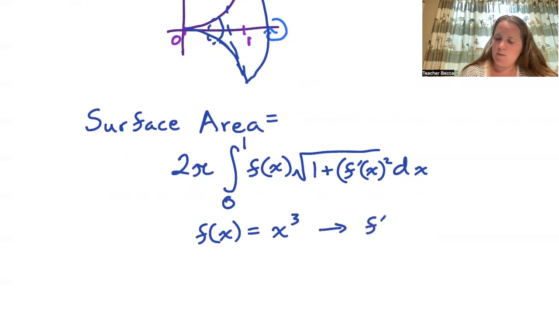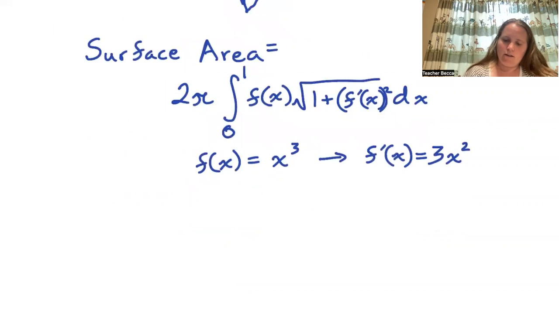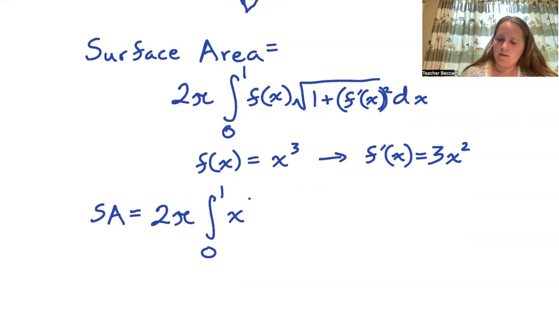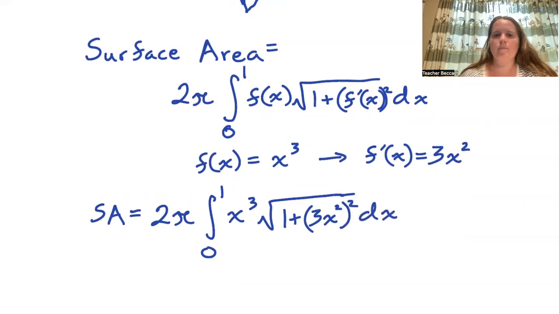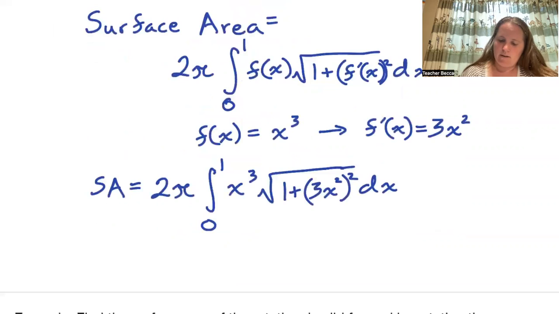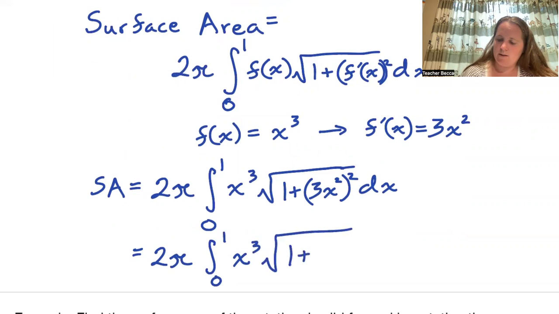So that means that f prime of x is 3x squared. So we are looking at surface area is equal to 2 pi times the definite integral from 0 to 1 of x cubed times the square root of 1 plus 3x squared dx, otherwise known as 2 pi times the definite integral from 0 to 1 of x cubed times the square root of 1 plus 9x to the 4th dx.